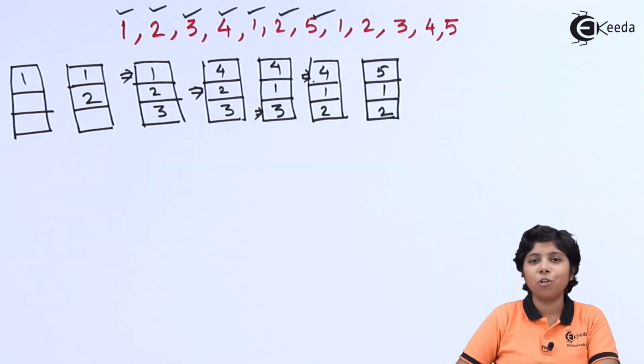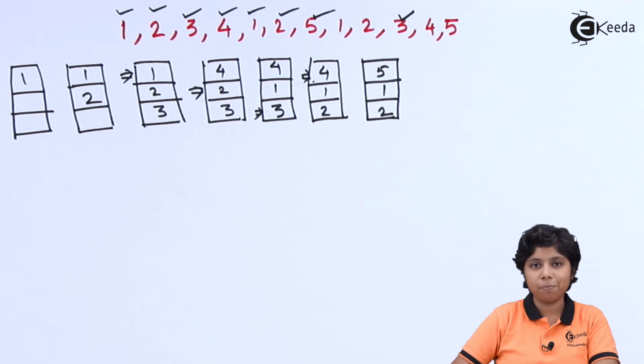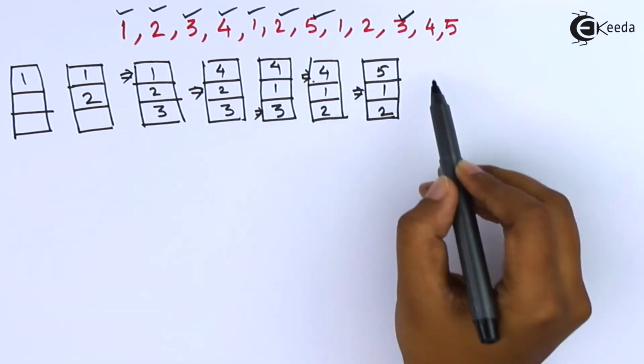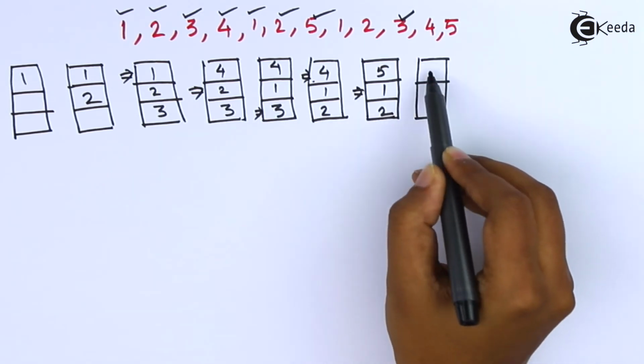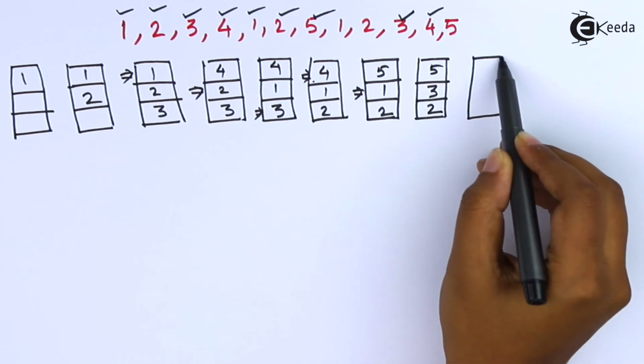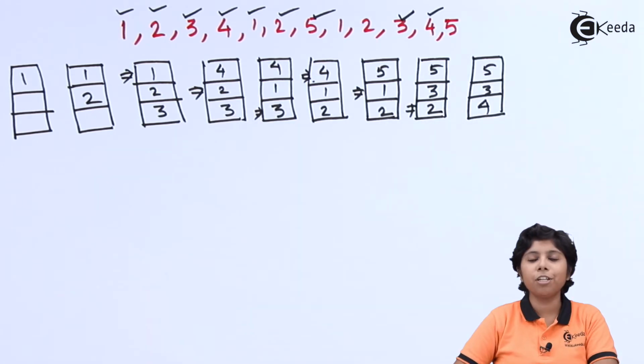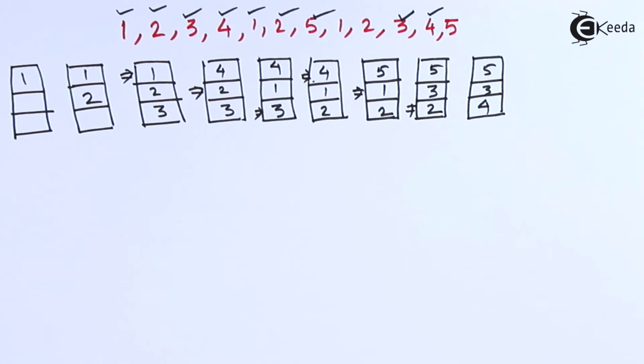Now the next ones will not cause a page fault as they are already in the frame. Now 3 will cause a page fault, and 4 will also cause a page fault. And the last one is 5, that will not cause a page fault. So the final number of page faults using 3 frames is shown.